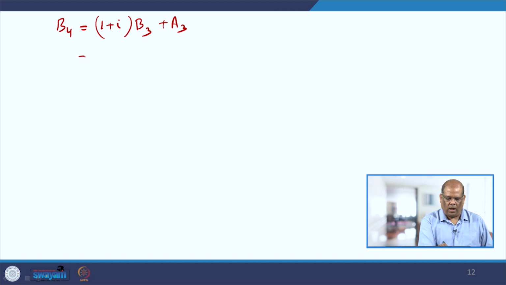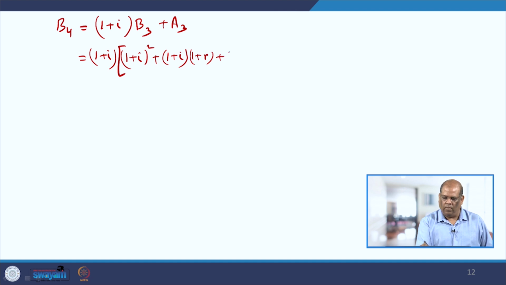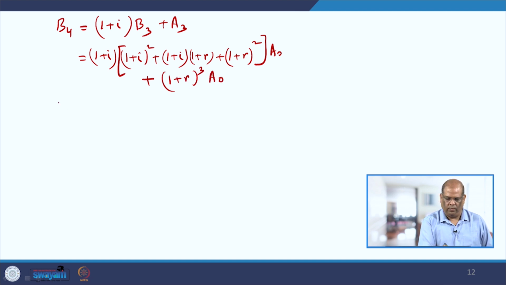And this can be written as (1+i) times B3, which is (1+i)² plus (1+i)(1+r) plus (1+r)². This multiplied by A0, plus A3, which is (1+r)³ into A0.